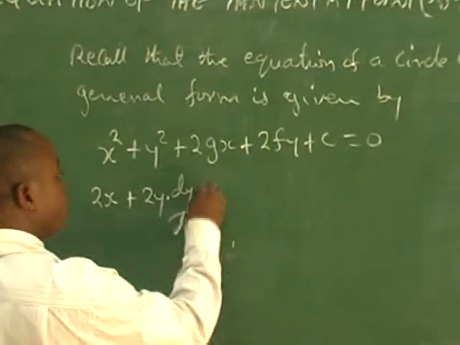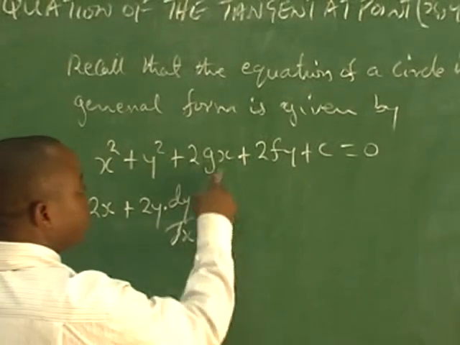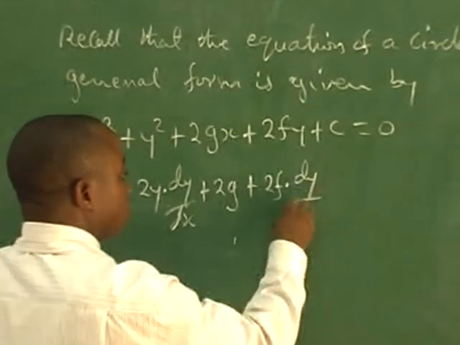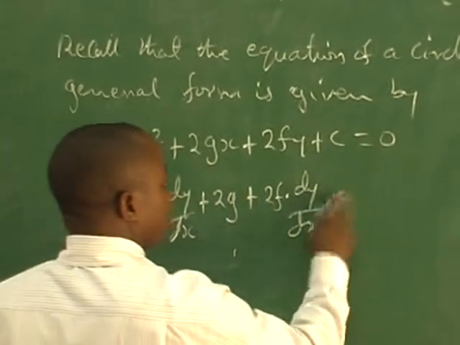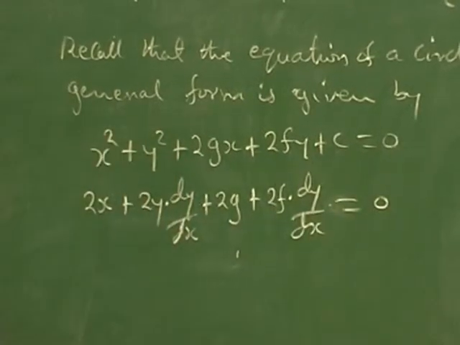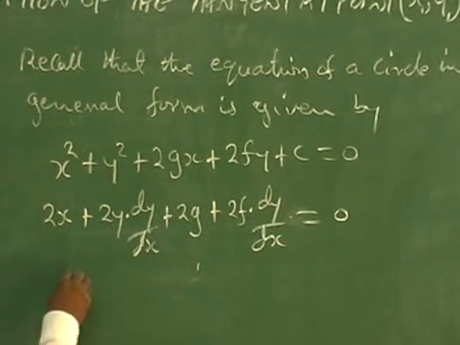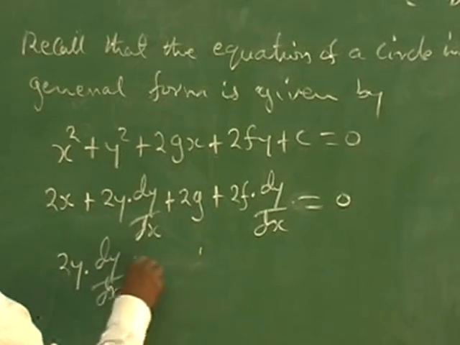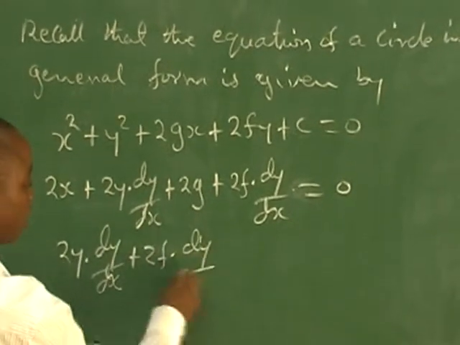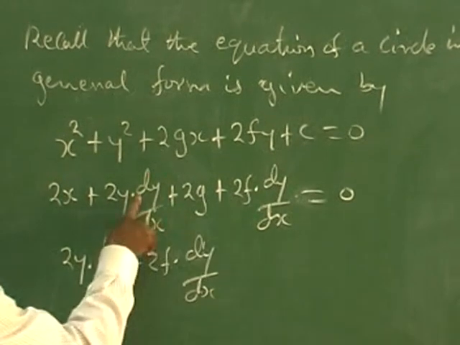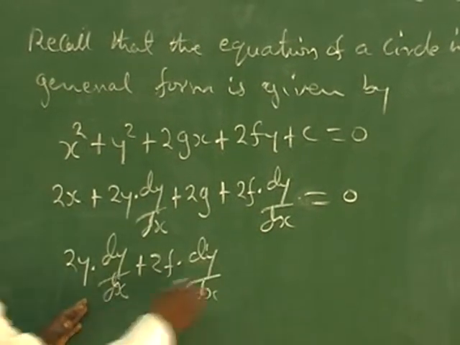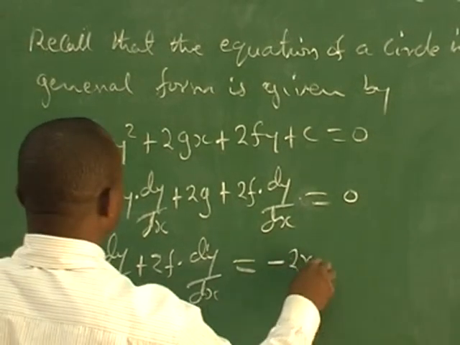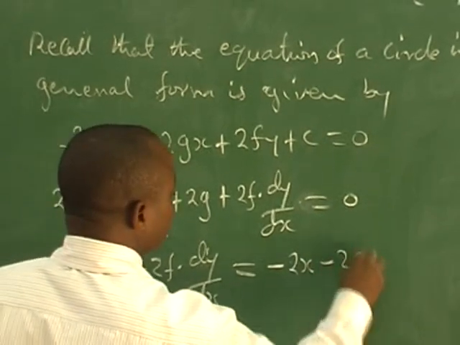So we have plus 2g when you differentiate here, plus 2f dy/dx will be equal to 0, because c is a constant, so we have 0. If we do that, we can now write in this form: 2y dy/dx plus 2f dy/dx, bringing the terms containing dy/dx to one place, will be equal to minus 2x minus 2g.